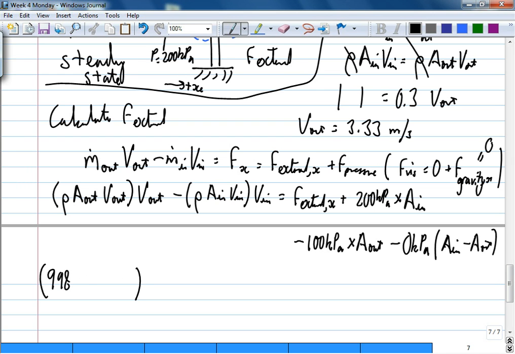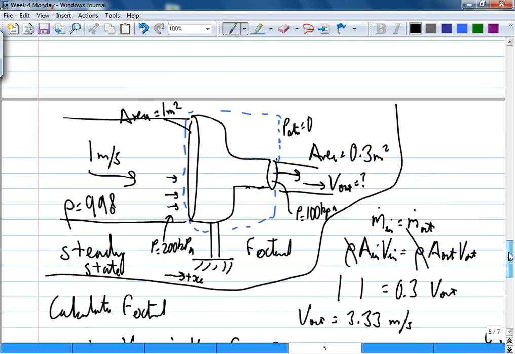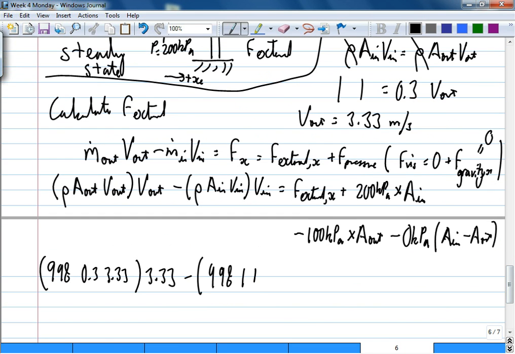A out is 0.3, velocity out is 3.33, this velocity out 3.33, minus 998, A in is 1, V in is 1, multiplied by 1, is equal to F external in the x, plus 200,000.